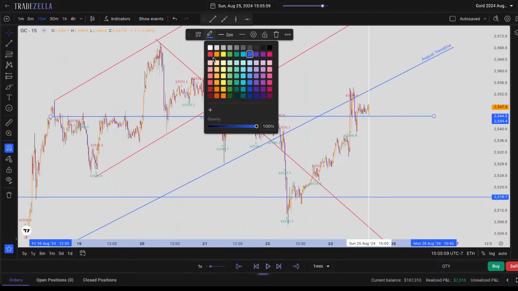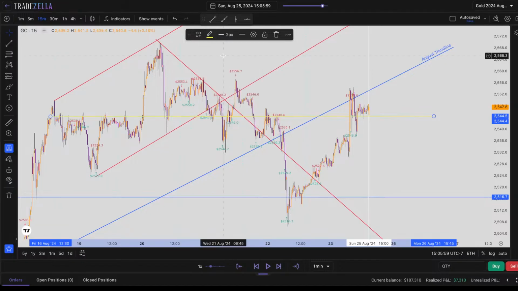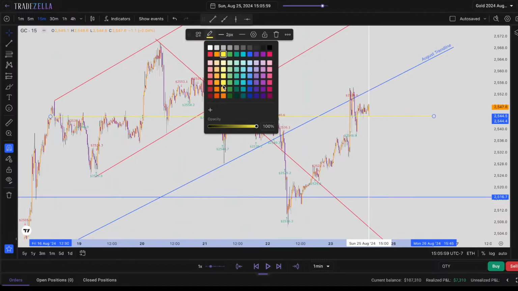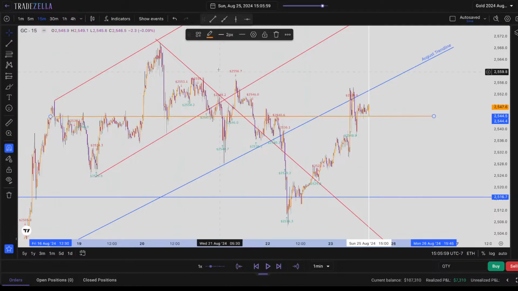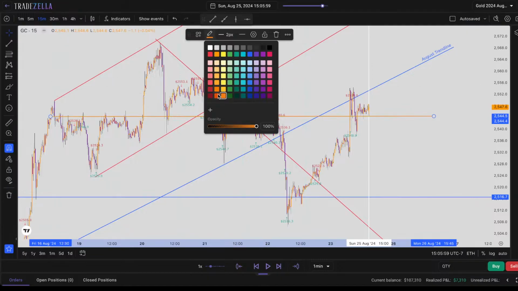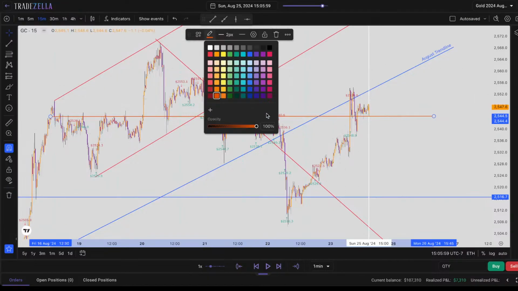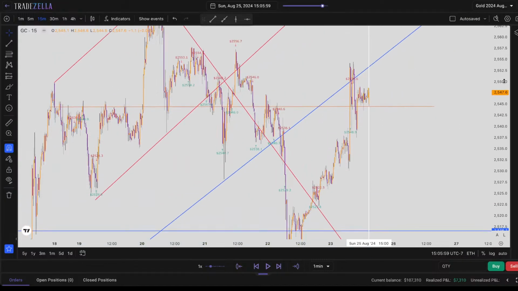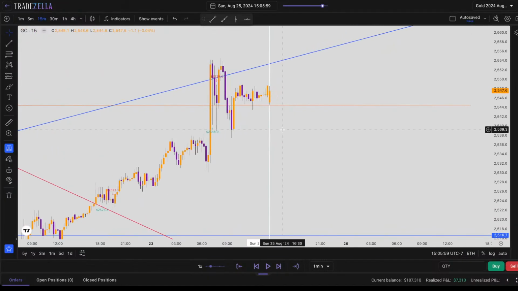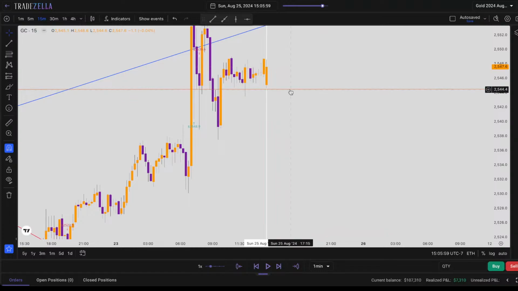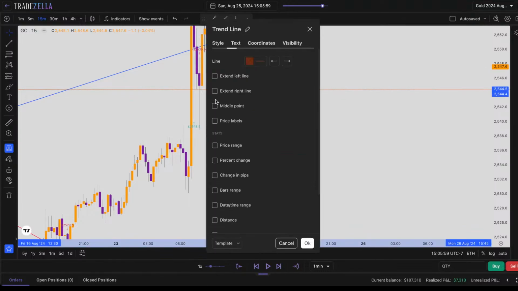And we'll make it a nice orange. How about that? All right. Well, no, we don't want to do the same color as a candle here.